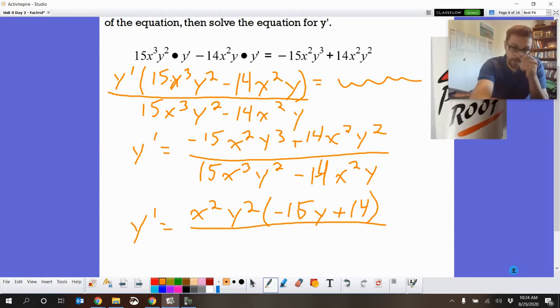And then in the bottom, we again have, did I miss a squared? No, I did not. Okay, on the bottom, we've got a y and an x squared and a y.